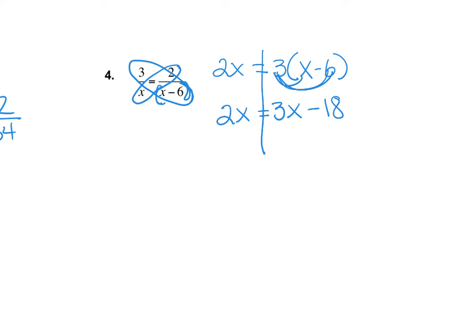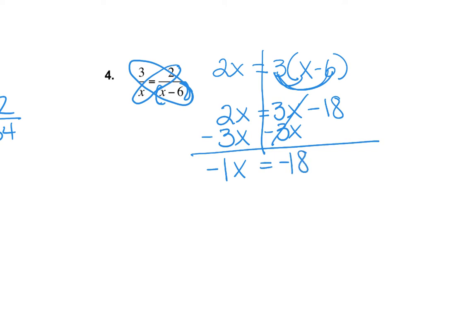Usually it doesn't matter, but in this case, if I subtracted that 2x, I would have everything on this side of the equation, and I don't want that. We need all the variables on one side and all the numbers without the variables on the other side. So I'm going to take 2x minus 3x. I'll get negative 1x is equal to negative 18. And now that negative 1 is multiplying, so I'm going to divide by negative 1, and x is going to be equal to positive 18.